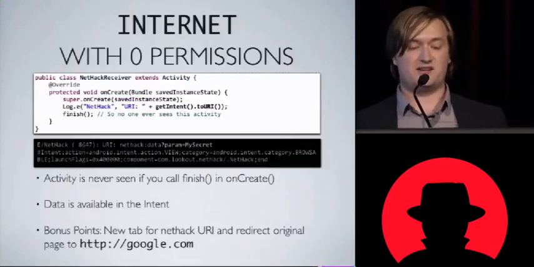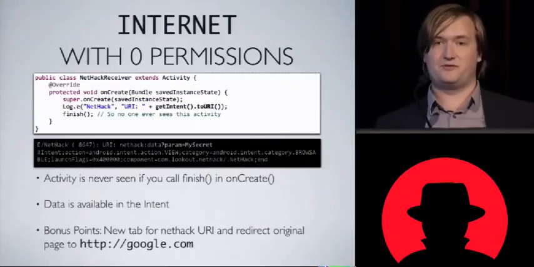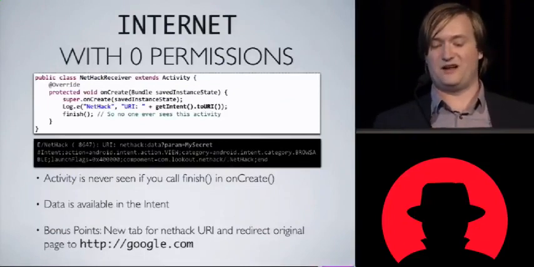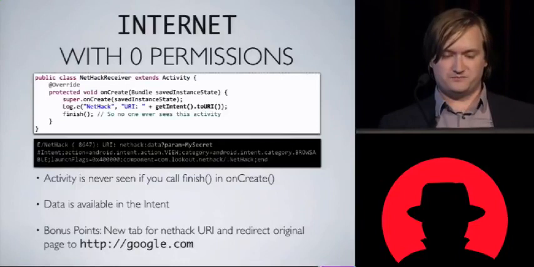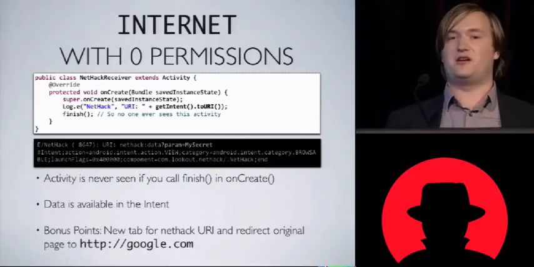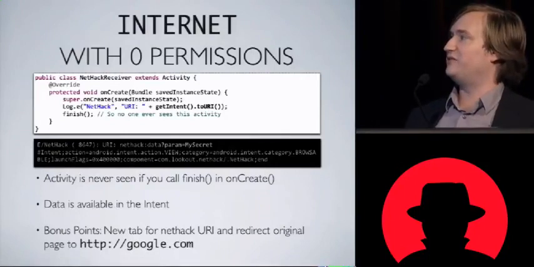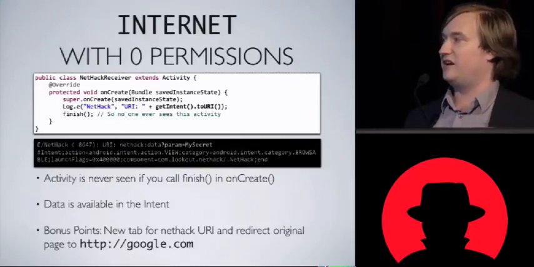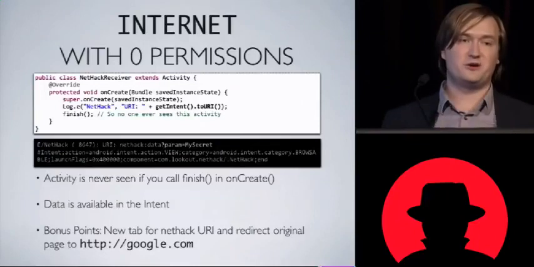So here's the activity that it would pop up. In this case, after that page on the server redirects, it would launch this activity with an intent that contains the data that we set on the server. So here we've set a parameter after we redirect, and then we can just log the intent, and it has the data that we're looking for.